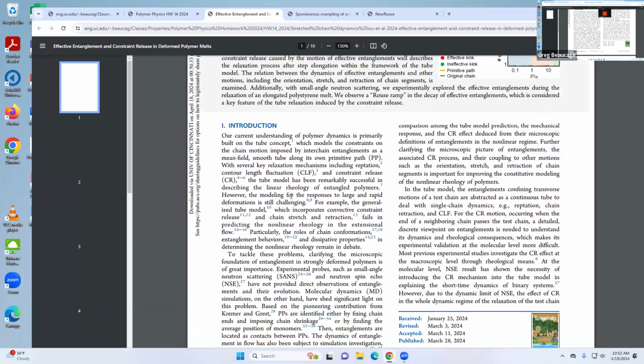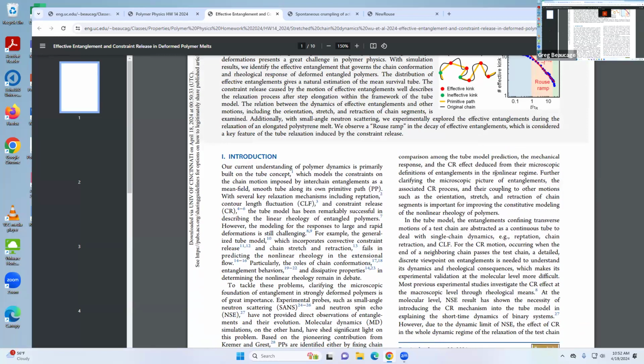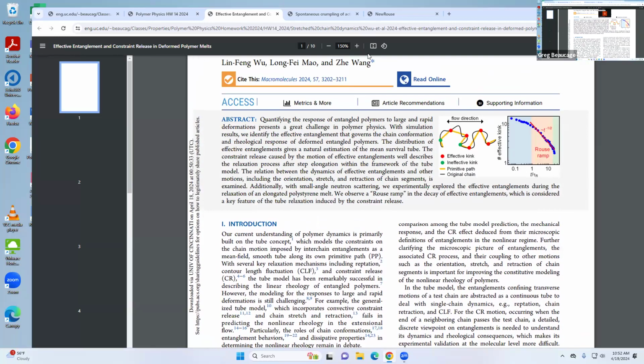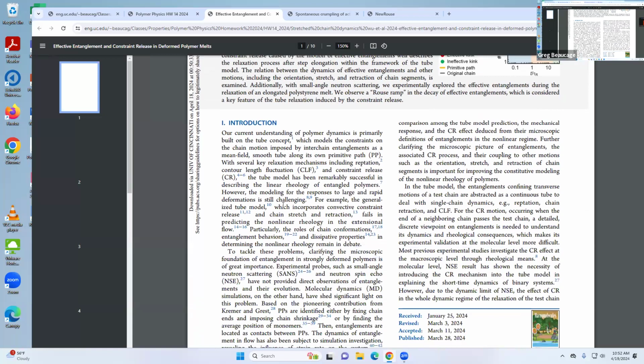So yeah, there's a lot of, so this is all about the tube. So I'll park that here. So basically the tube stuff is here. With the tube, you have the primitive path.